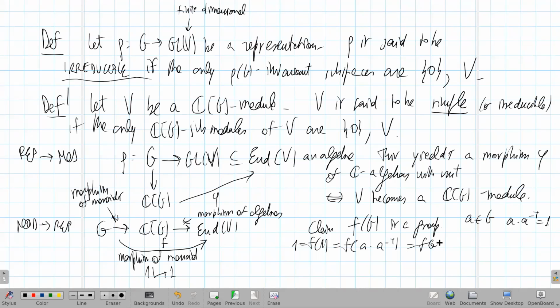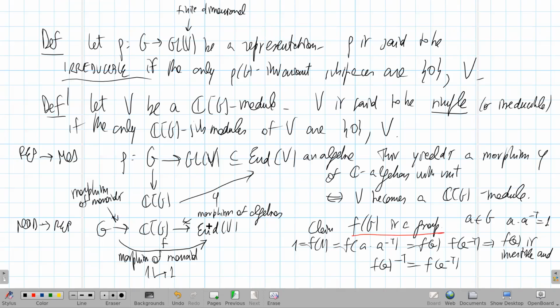So you get this. And so this tells you that F of a, the image of an element of the group, is invertible. And its inverse is, well, I did it on one side, I should have done it on both, but of course it's the same. This is a claim that F(a) is invertible, and its inverse is this. And then F(G) is a group of invertible matrices, because F goes here.